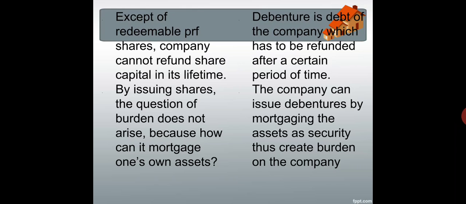In preference, shareholders do not get any rights, that is, a right to vote and a right to be present in the annual general meeting, because preference shareholders do not share the equity capital of the company.